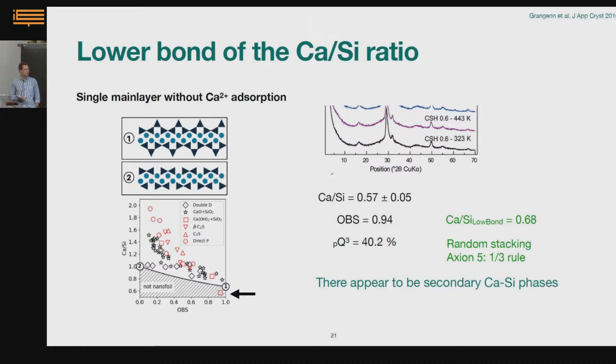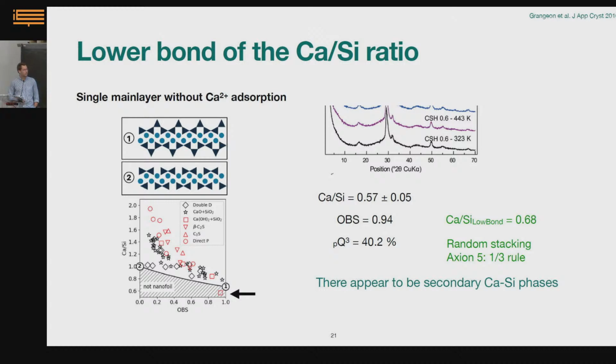It has an occupation of bridging sites of 0.94, for which the line says it can be as low as 0.68 to still be a nanofoil. And then you start wondering: PXRD says it is a nanofoil, but OBS says it's not a nanofoil. What is it?